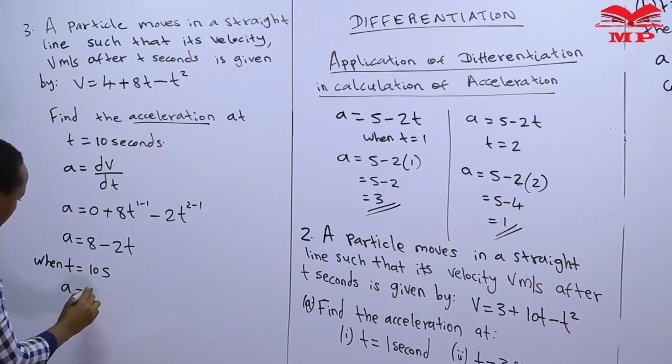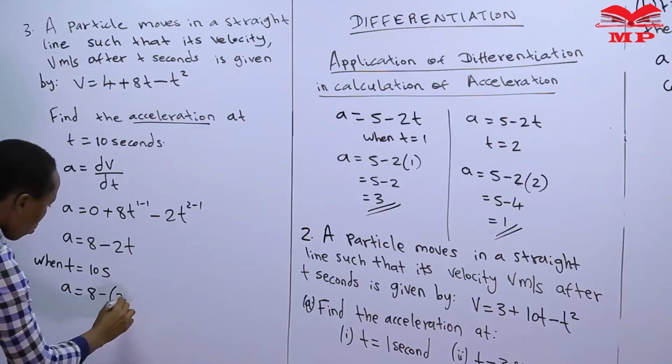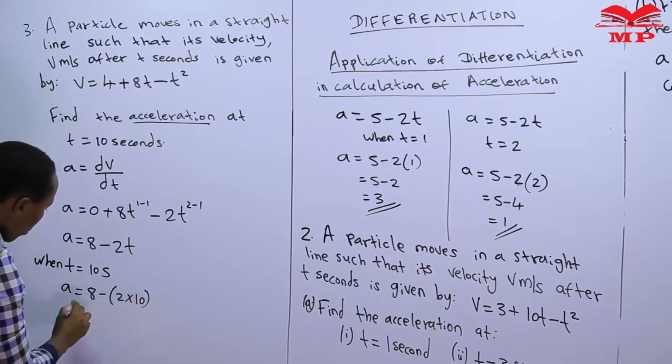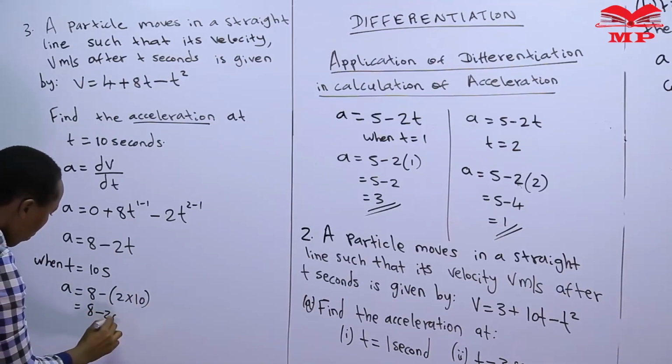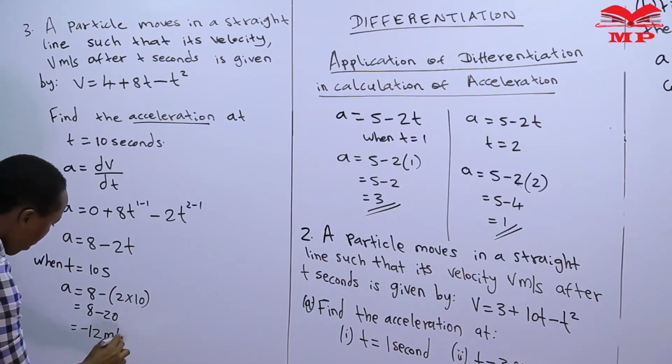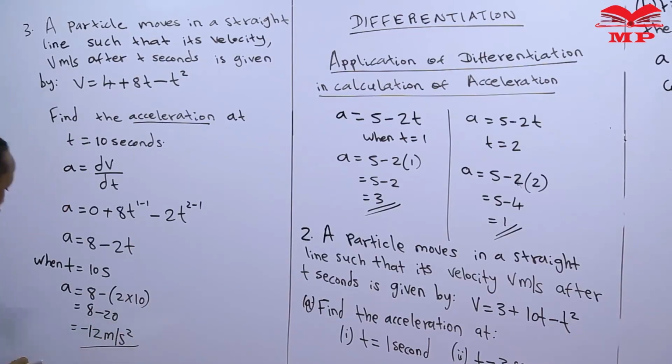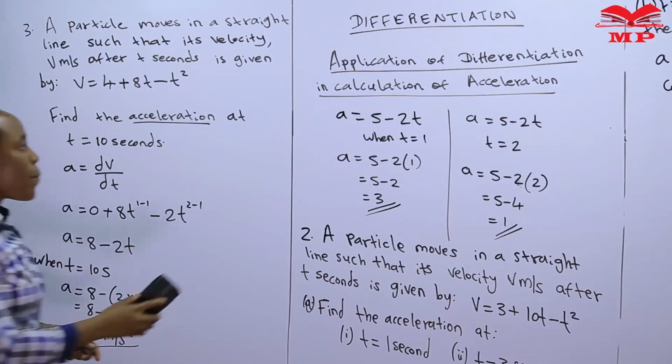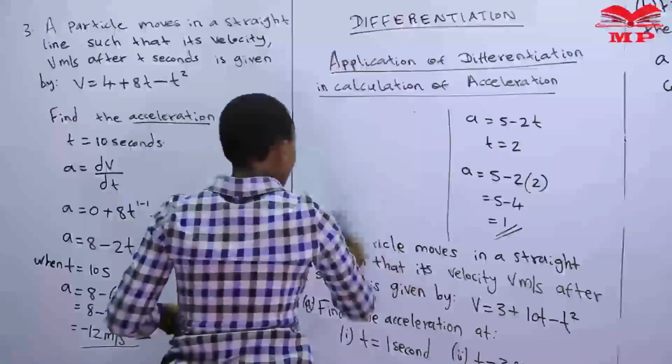Our a will be 8 minus 2 times 10, which is 8 minus 20, that is negative 12 meters per square second.